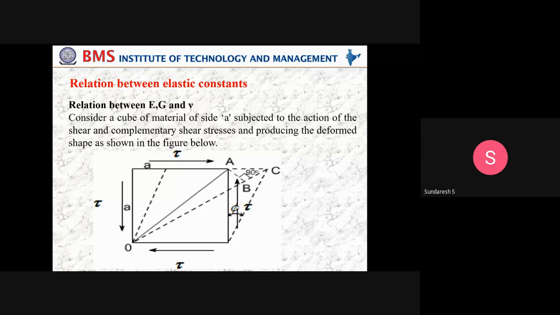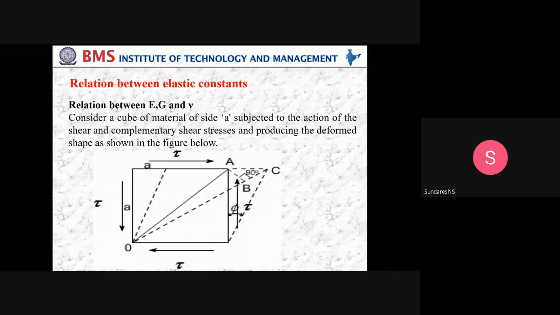Please remember this. Because the cube has been subjected to a shear stress, it undergoes a shear strain that is given by phi. Phi represents the shear strain and tau represents the shear stress. This angle represents the shear strain in this case.